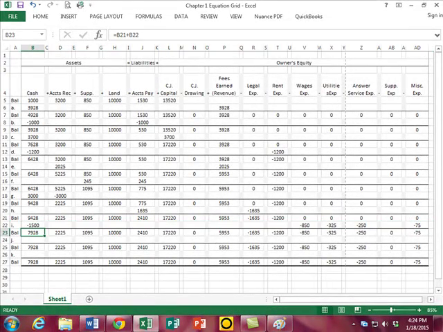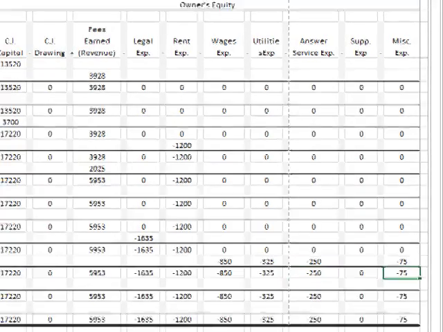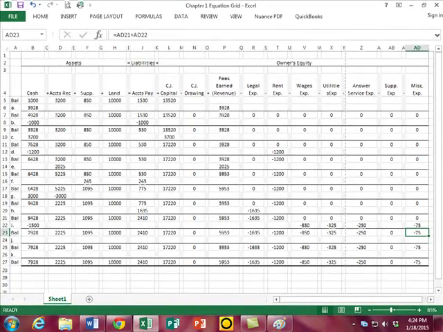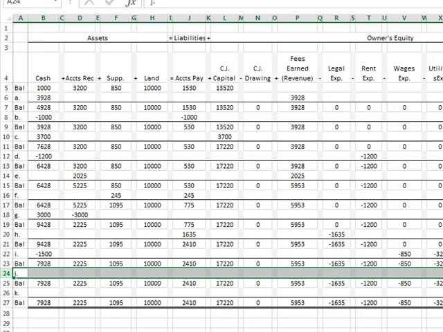Transaction I gives us a new balance in cash, a new balance for wages expense, utilities expense, the answering service expense, and miscellaneous expense. And we bring down the balance for each account that we did not use in this particular transaction. And now we're going to record transaction J.